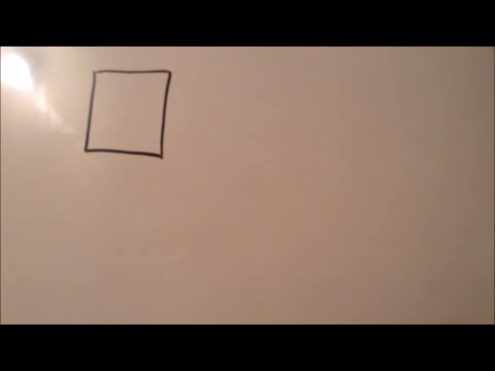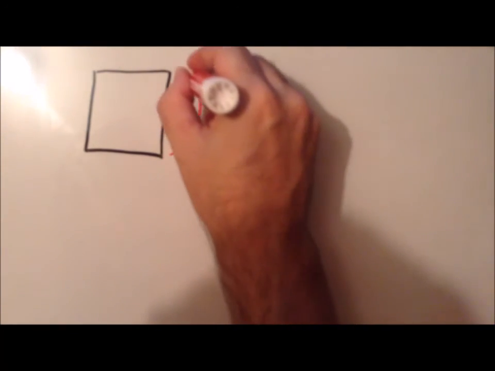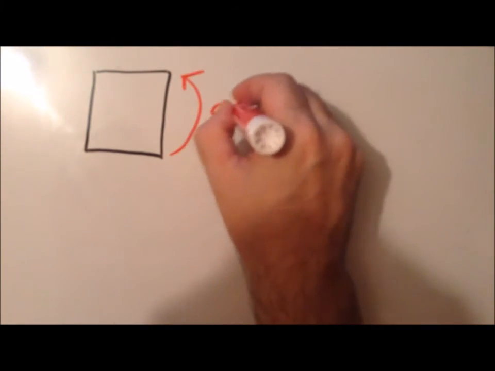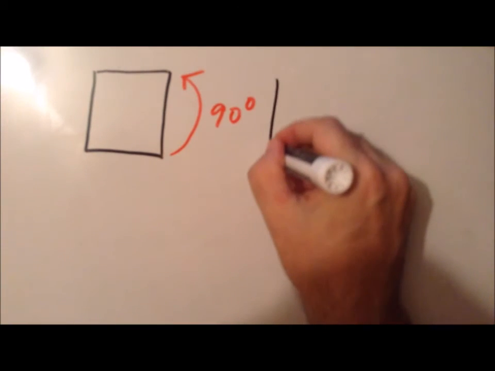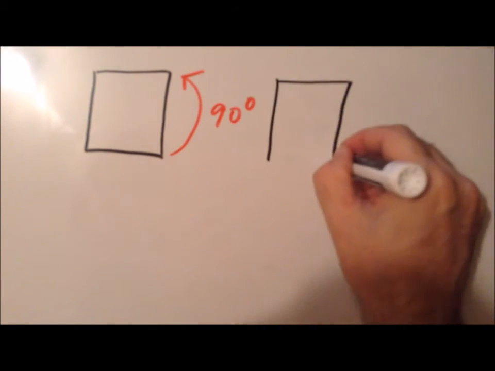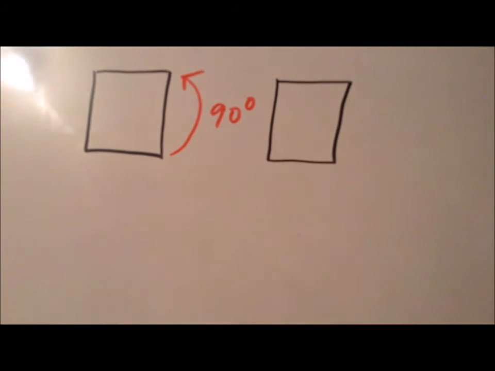For example, if we take the square and I rotate it counterclockwise by 90 degrees, I would realize that if I rotate it this way, I end up getting a shape that looks the same. If I rotate it by 90 degrees without you watching me, and you came back and looked at the shape, you would not recognize that it had been moved.